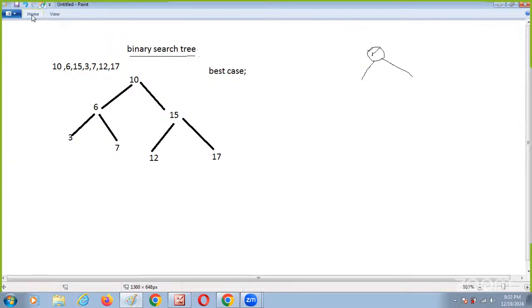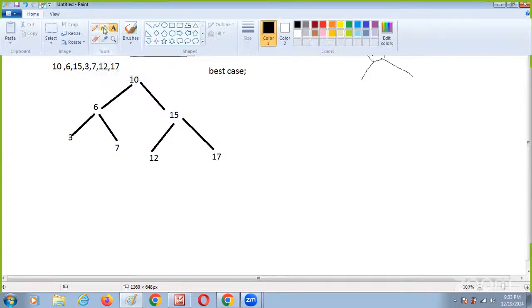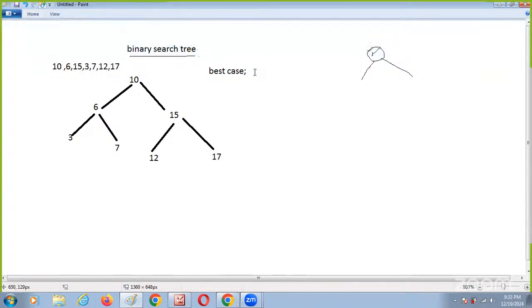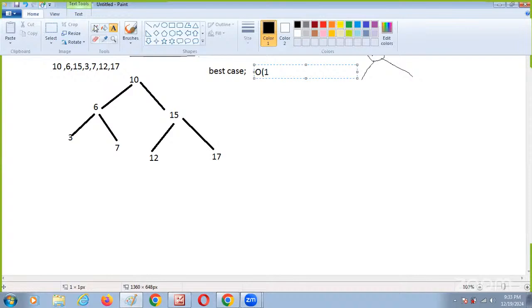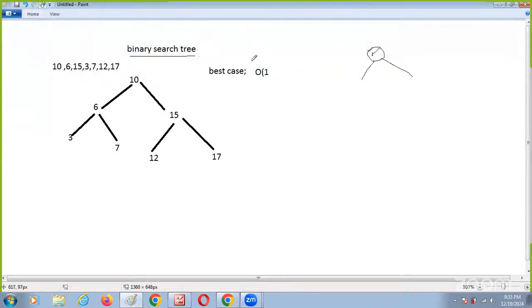So the best case time complexity of a binary search tree is definitely order of 1. That means whatever element I want to search, it is found at the first step.